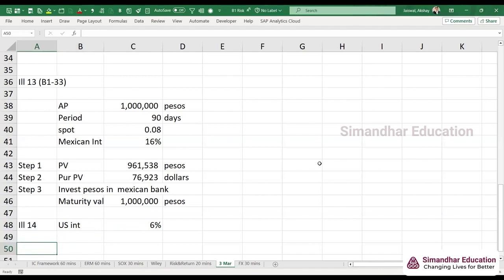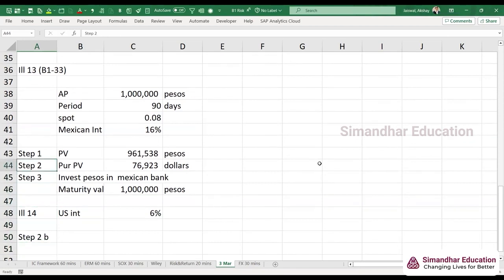So there will be a step 4, or if you think about the purchase as step 2A, we'll have a step 2B, that we'll have to borrow the present value in dollar terms.